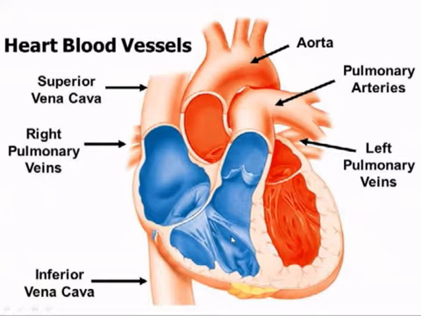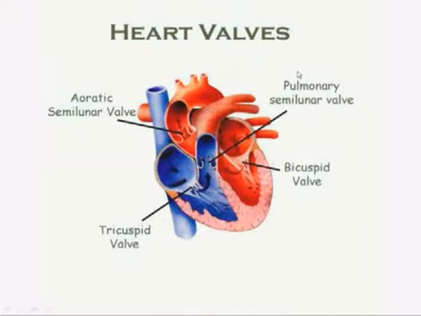So at the junction between the pulmonary artery and the right ventricle, you will have a valve here, and this valve is called the pulmonary semilunar valve. Similarly, in your aorta, where it is connected to your left ventricle, there is a valve which will prevent the backflow of blood, and that valve is called the aortic semilunar valve.